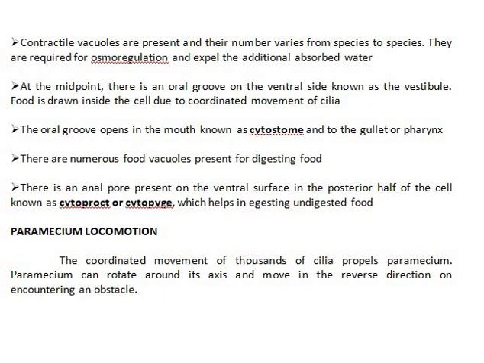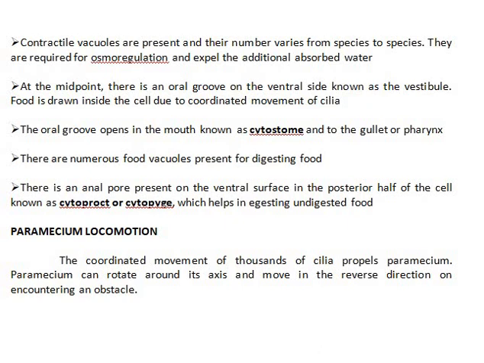At the midpoint, there is an oral groove on the ventral side known as the vestibule. The food is drawn inside the cell due to the coordinated movement of cilia. The oral groove opens into the mouth known as the cytostome and then to the gullet or pharynx.